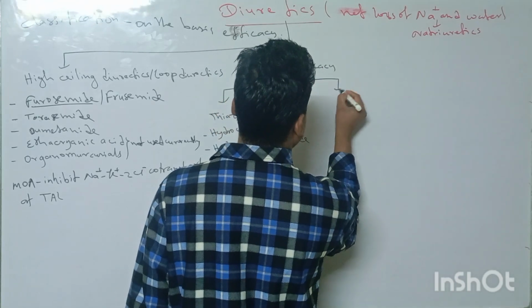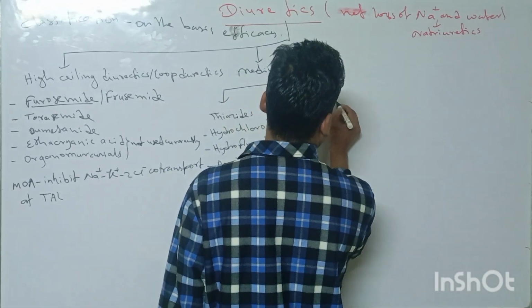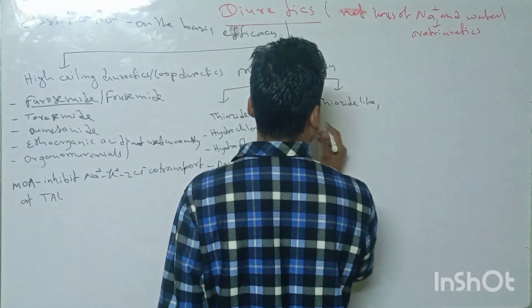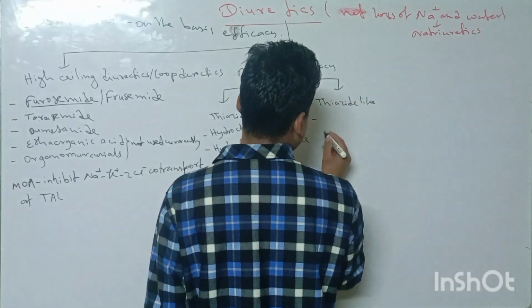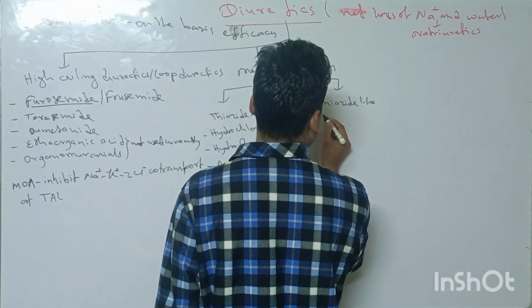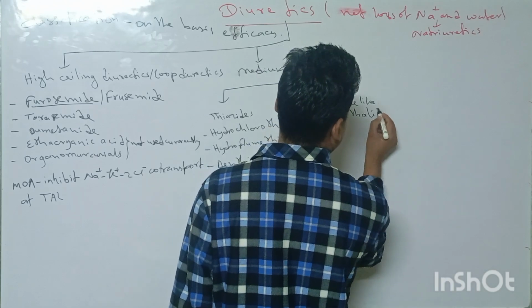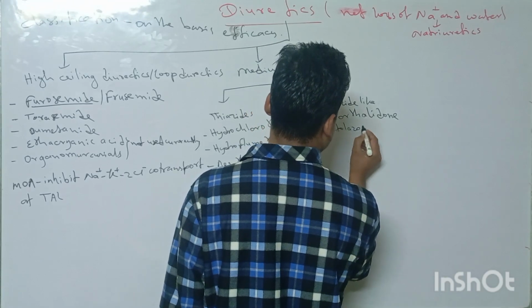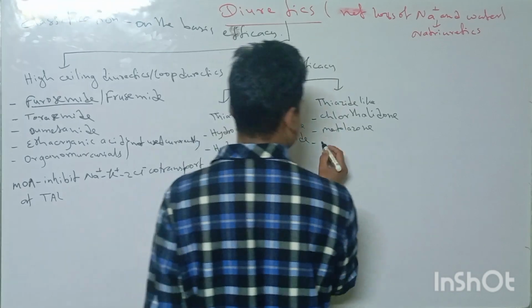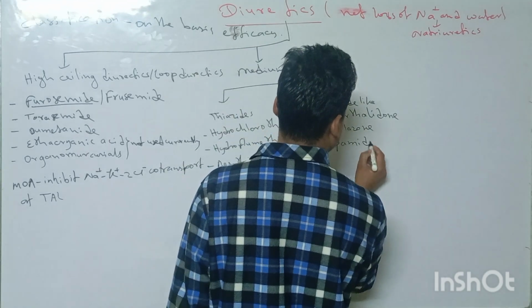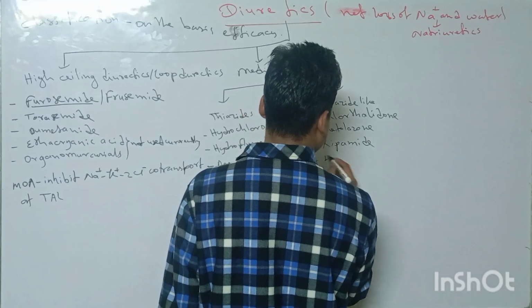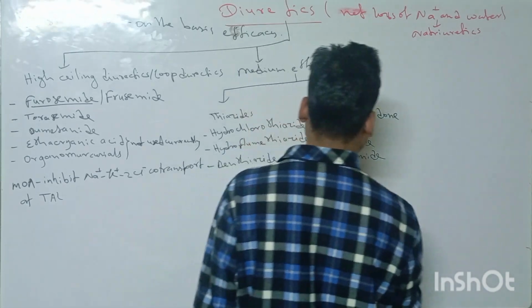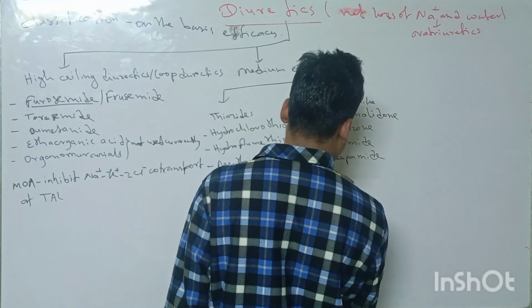Next will be thiazide-like diuretics. Examples will be chlorthalidone, metolazone, indapamide, and clopamide.